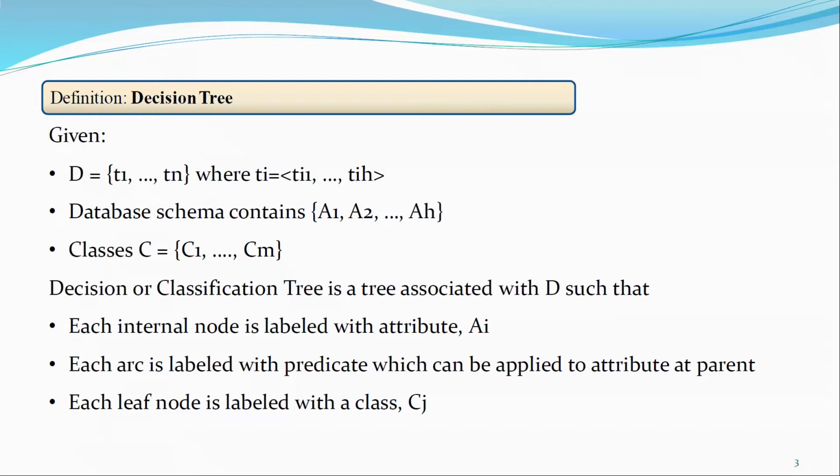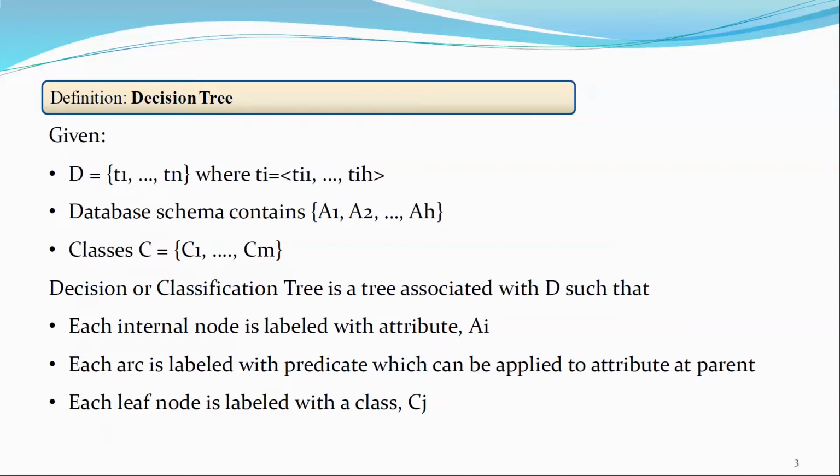The given data set contains S number of attributes, that is A1, A2, A3 up to AS. So here Tij is the value of Ti for the attribute Aj. Let us have M number of classes.